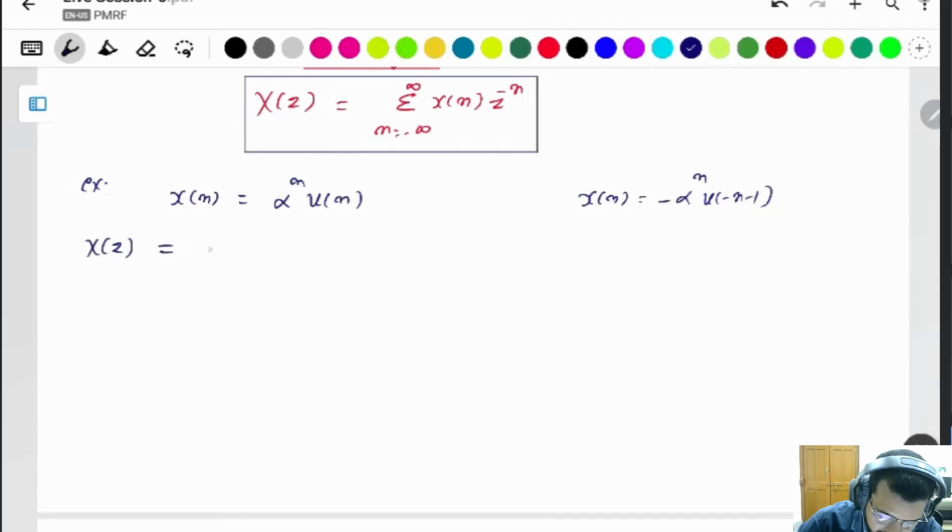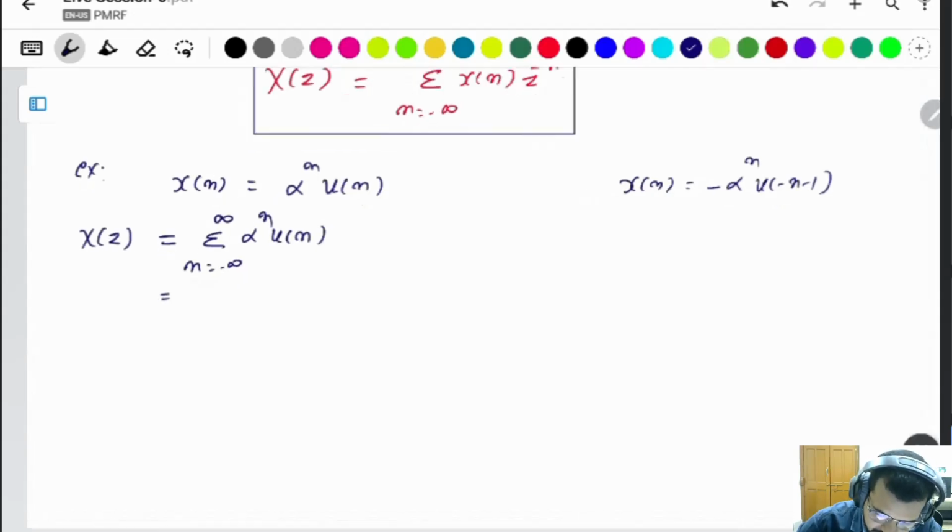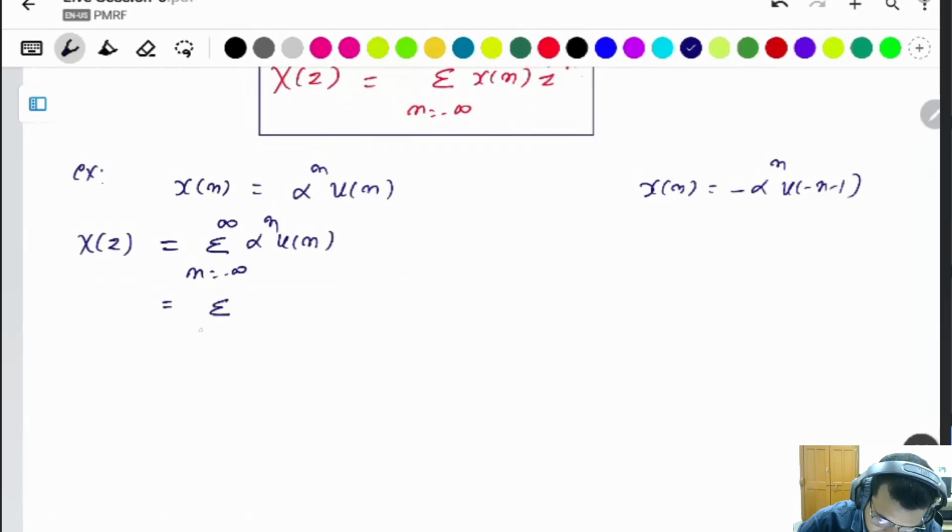For the first one, X(z) is equal to the summation from n equal to minus infinity to infinity of alpha power n u[n] z power minus n. There is u[n], that's why the summation limit will change, and it will be n equal to 0 to infinity.